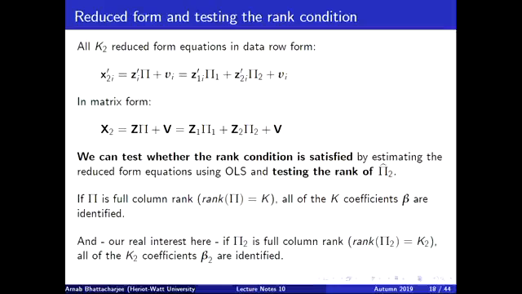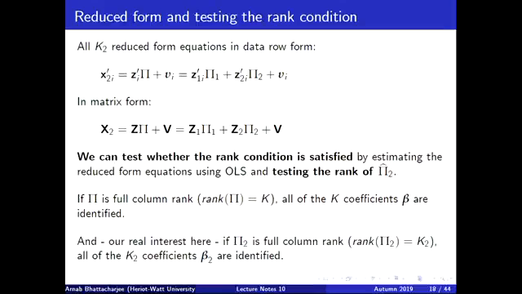We have taken all the endogenous regressors and written down a first stage equation for each of those, as a function of the included instruments and the excluded instruments. The important thing here is the rank corresponding to the excluded instruments, right? So we are trying to find out whether the excluded instruments have enough information. Okay, so that is what we are trying to do. So what are we testing? We are testing whether this pi 2 is of full column rank, or rank of pi 2 is equal to K2.